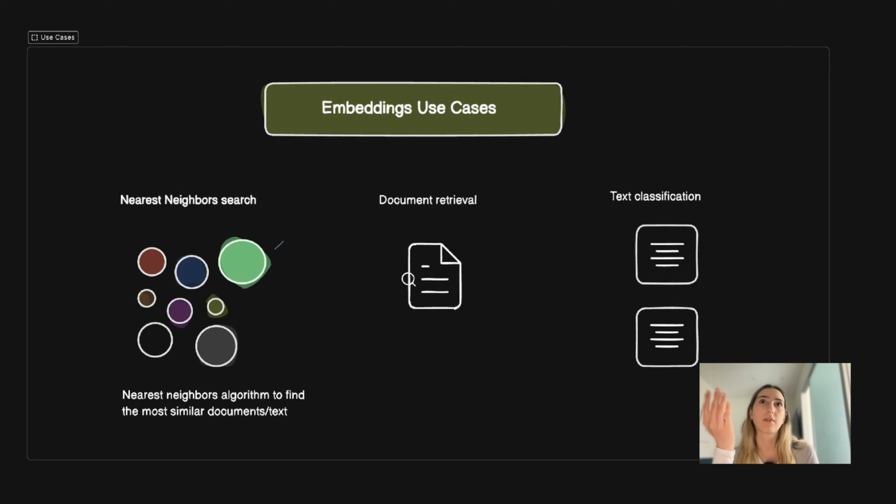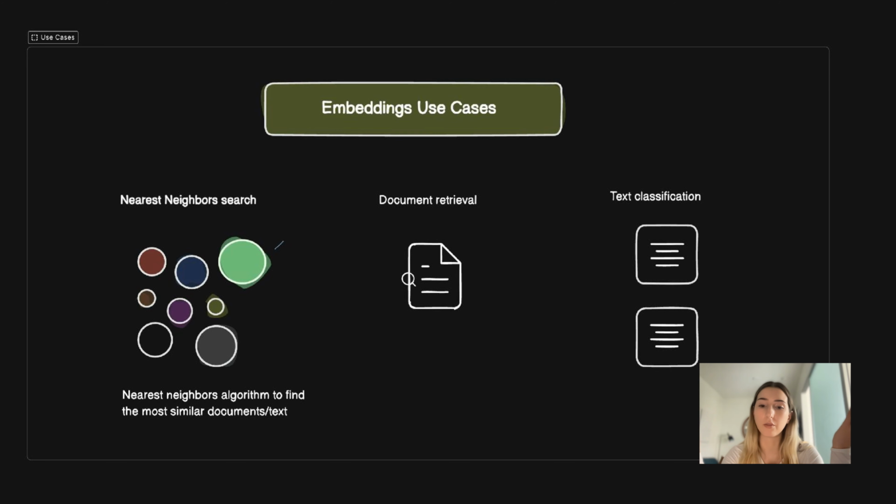As for text classification, that's another use case for embeddings, and a good example would be email providers. When emails come in, you might have folders for promotions, spam, and your emails as text get classified. If you are the one implementing text classification, the way you would do it is compute the embeddings of a set of documents that you can use for training, and then use a machine learning algorithm to train a classifier.